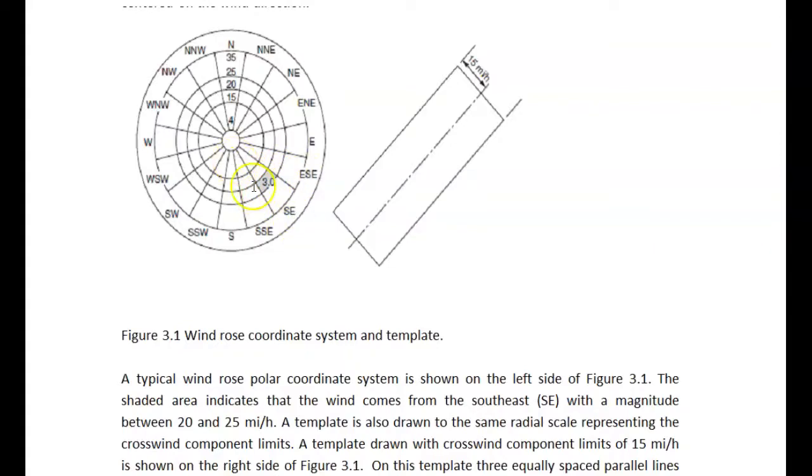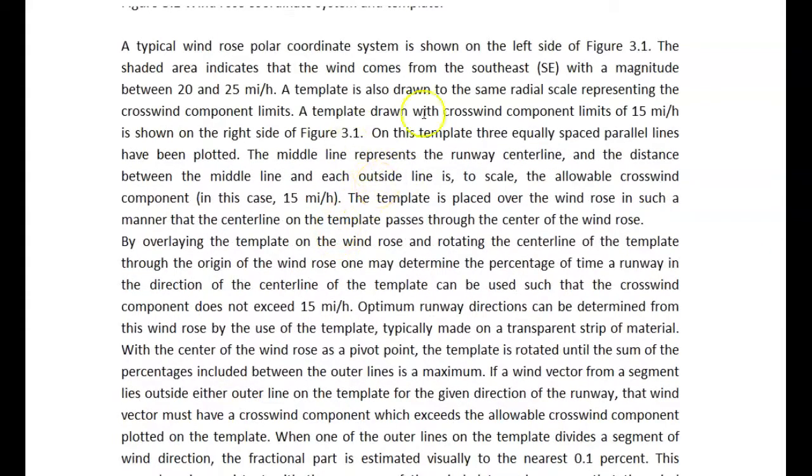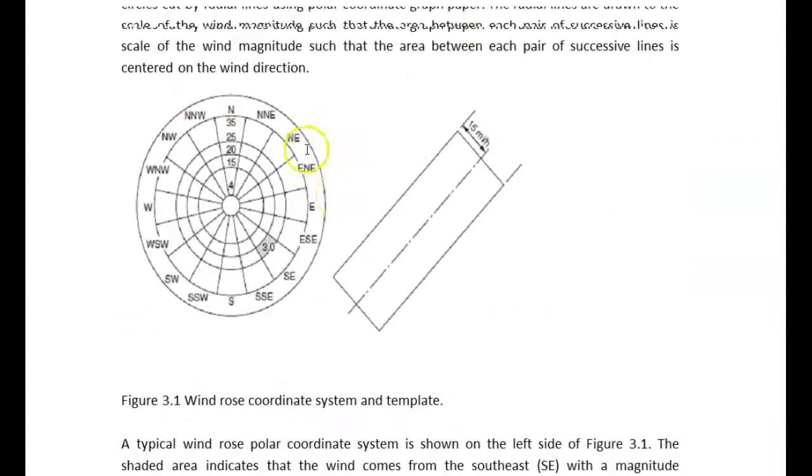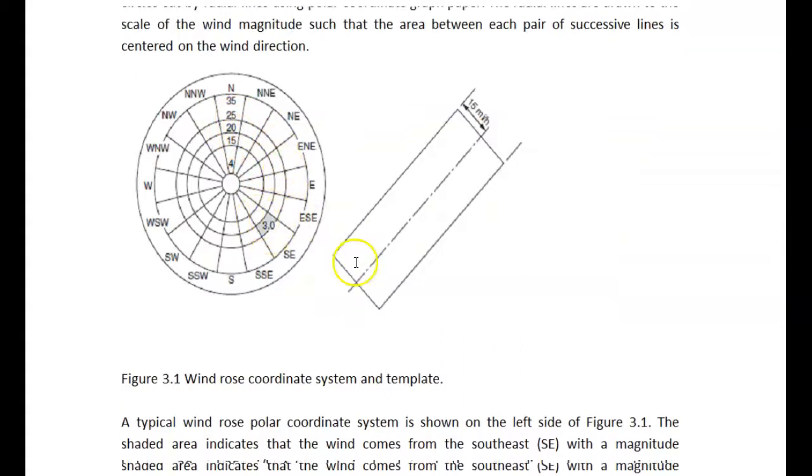You can see it comes from the southeast with a magnitude of 20 to 25 miles per hour. This is 20, and it ranges between 20 and 25, because from here you can see this is 20, 25. So when you move it down here, you see the maximum is 25, the minimum is 20.